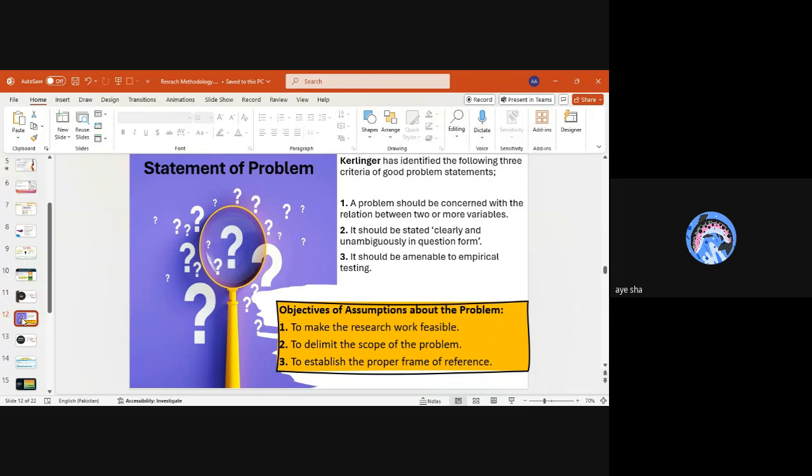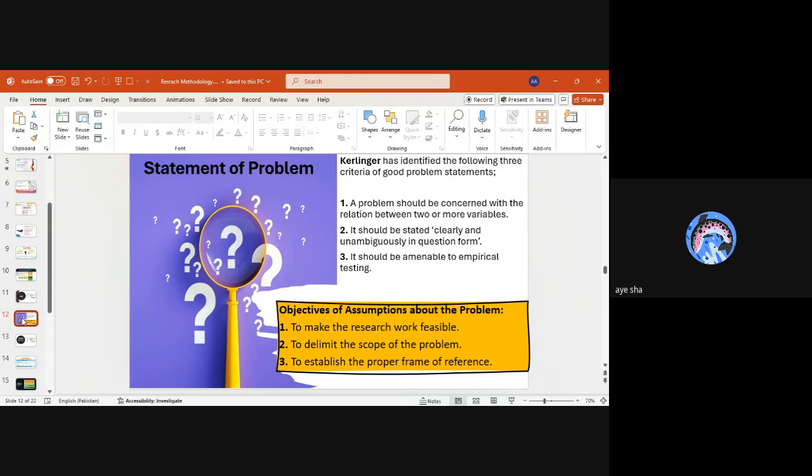And it should be stated clearly in a question form, because obviously this is the point that you are going to take to decide what the goals of your research are, what the objectives of your research are, and what type of methodology you will be selecting for your research.